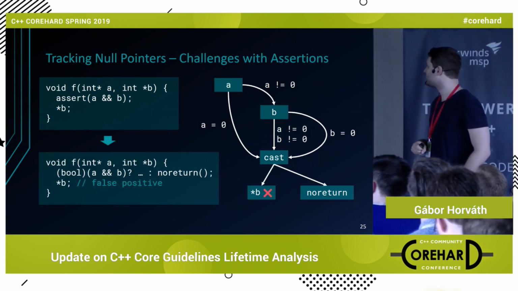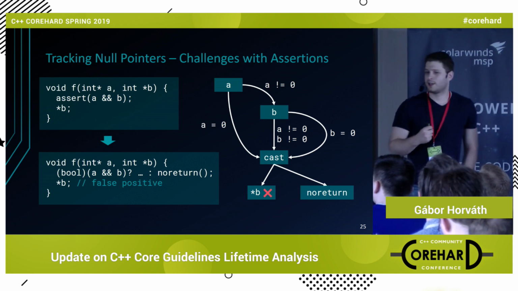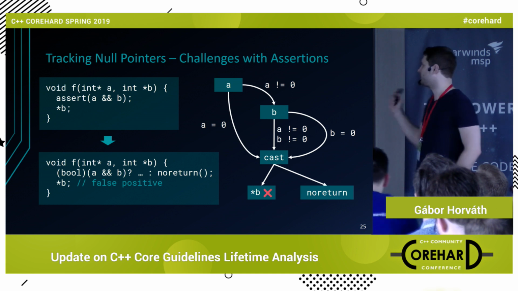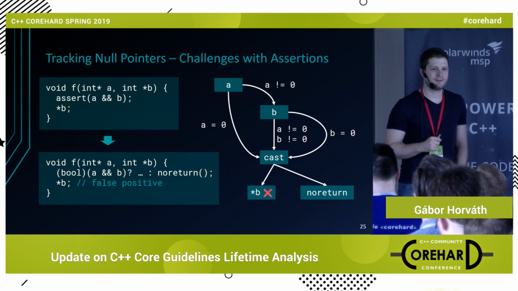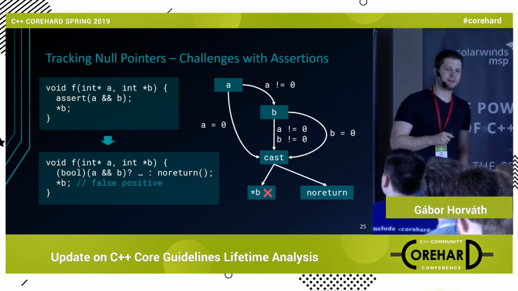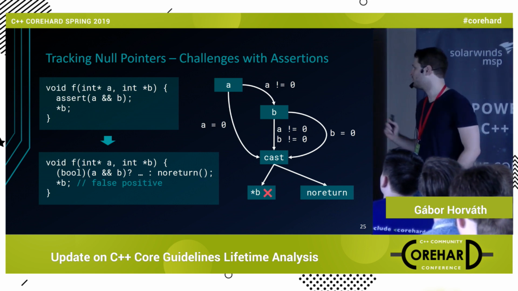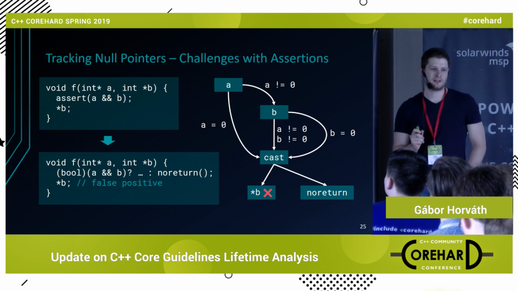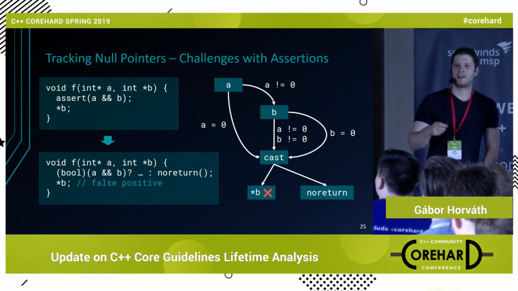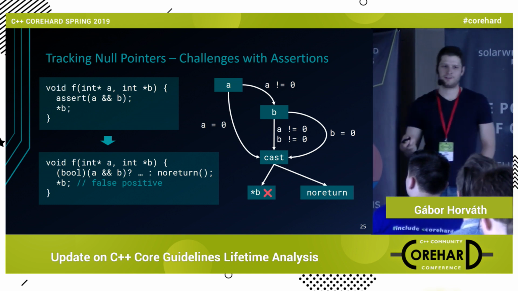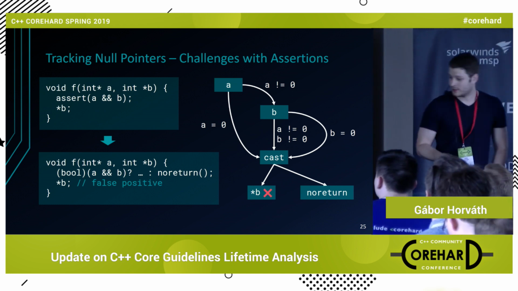And why is this important? It is important because, for example, the way the assert macro is implemented in most of the standard libraries, they insert an explicit cast to bool into the condition. So types with explicit conversion operators to bool will work with the assertion macros.